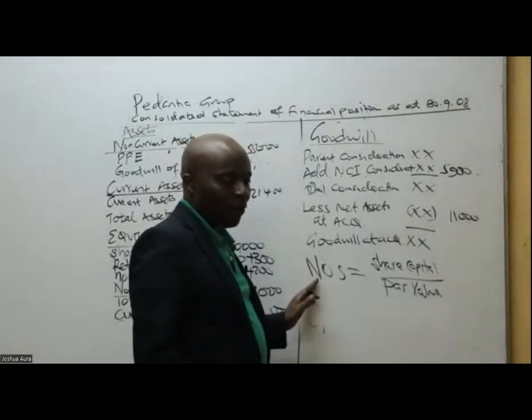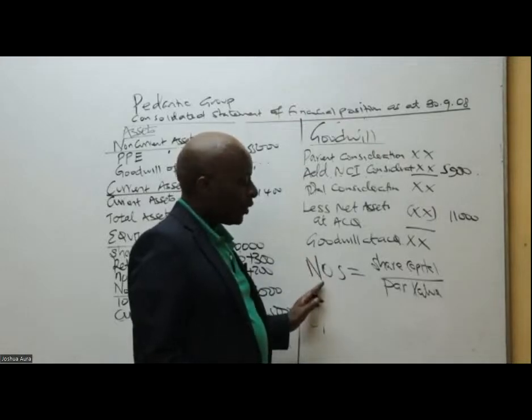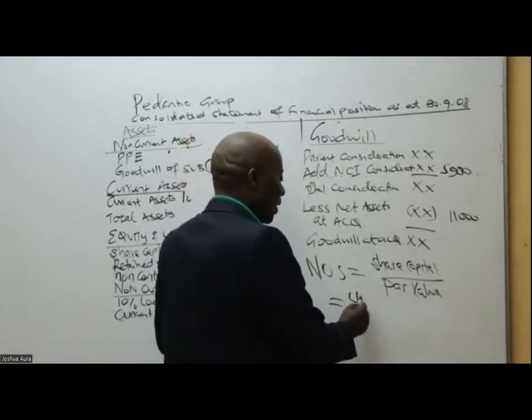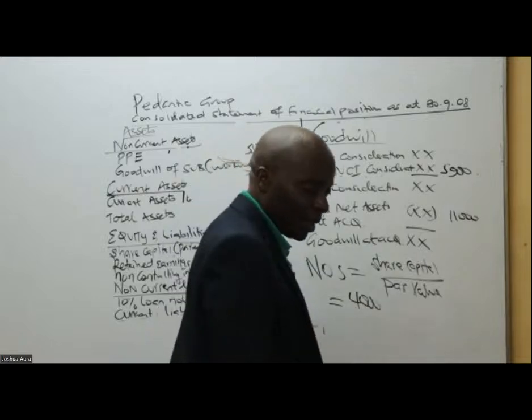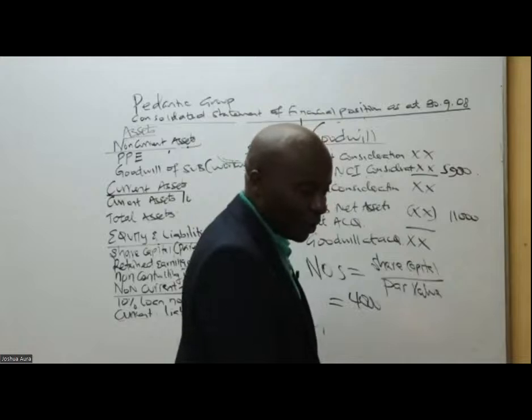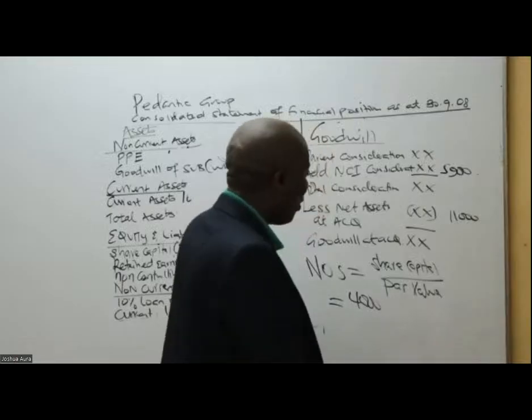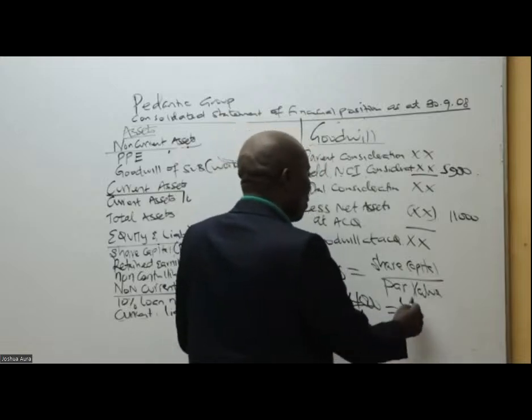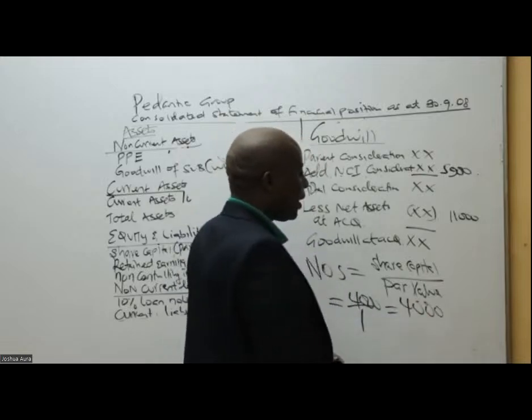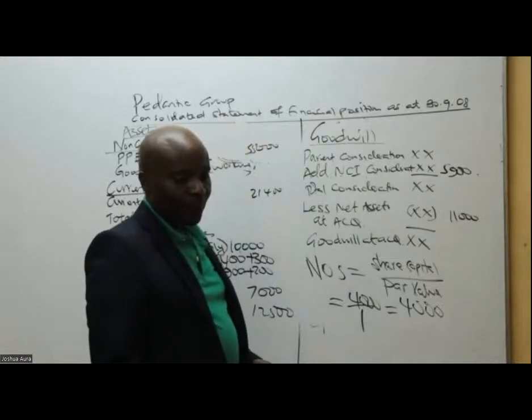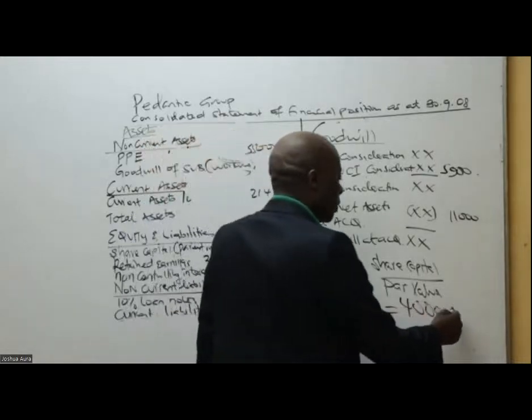You can see the share capital of the subsidiary is 4,000, and the par value has been given here as $1. So we divide by 1, and the number of ordinary shares of this subsidiary is 4,000 shares.